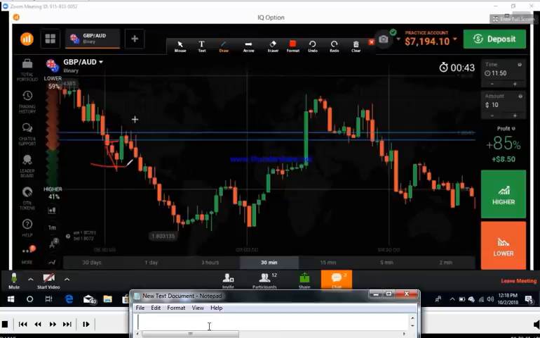I can't get your question actually. Imagine that these three red candles are weak sellers' candles, then this green candle appears. So still we should go for a put here after this green candle, this one? Just wait.